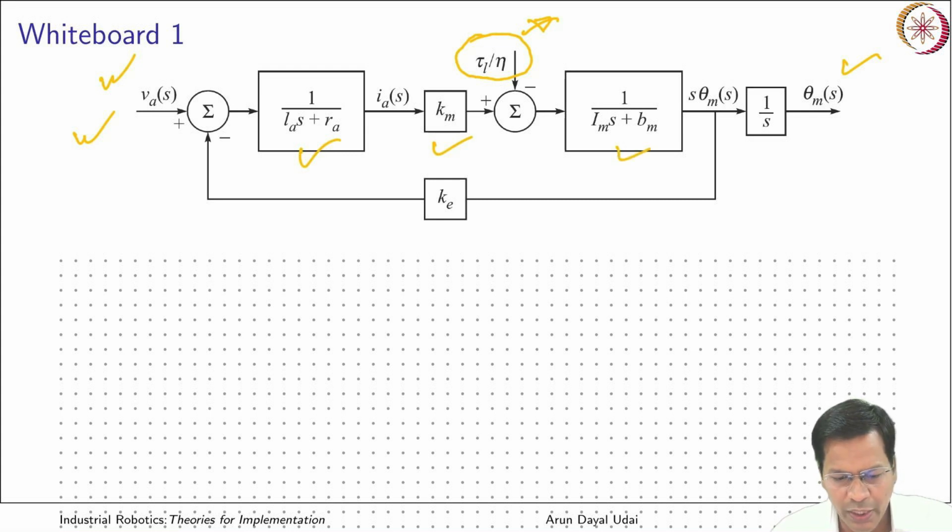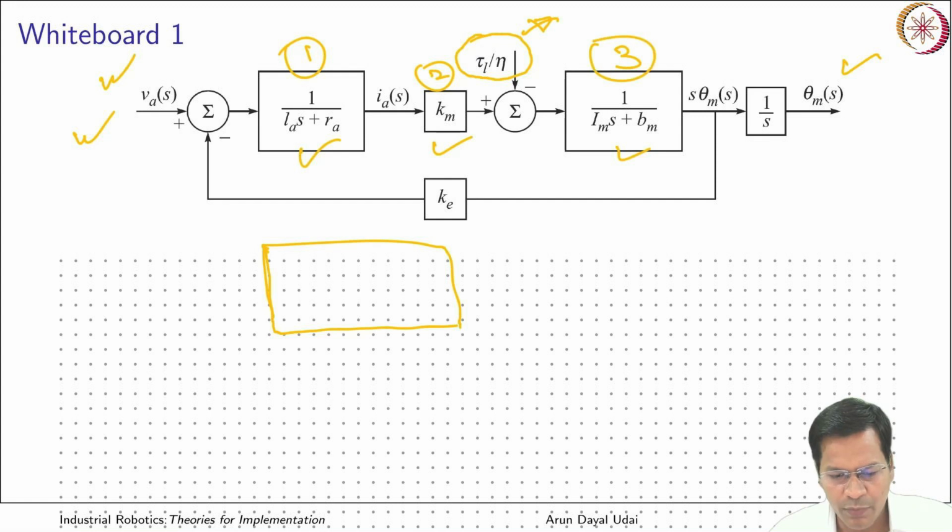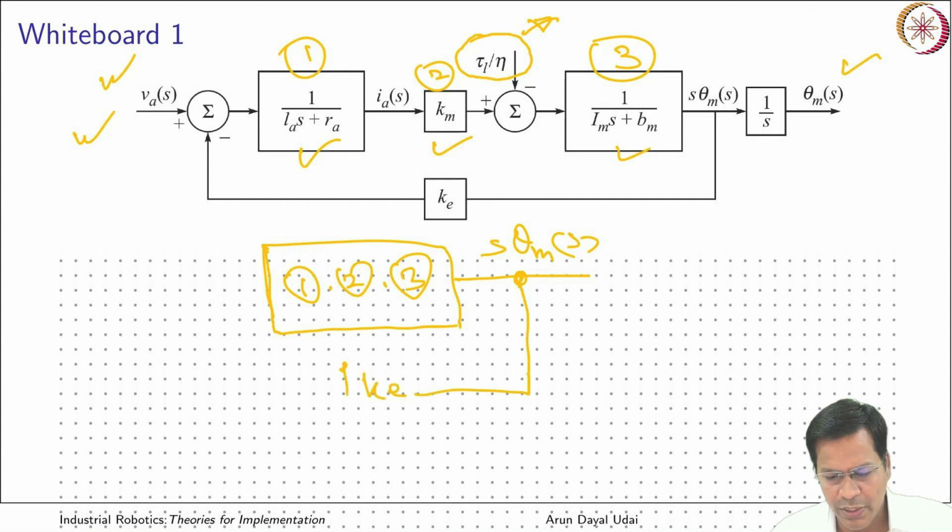So you can draw an equivalent transfer function for all of these together as this. It is the product of the 1st, 2nd and 3rd terms, 1 into 2 into 3, and that is going out. You see, you have s theta_m(s) which is written here, and you have K_E which is here, and you have a block that is shown here.